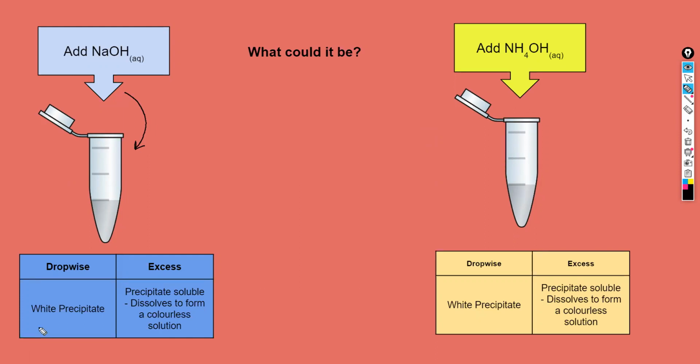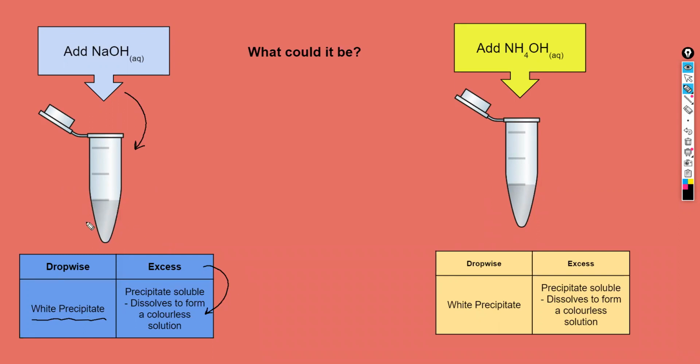When we did that, we got two things. At first, we got a white precipitate. And afterwards, we decided to add excess sodium hydroxide. And when we did that, the white precipitate disappeared, meaning that the white precipitate became soluble. And of course, when it dissolves, it could no longer be seen.